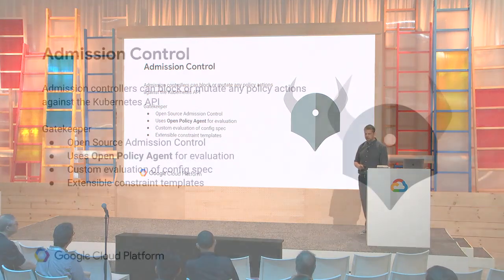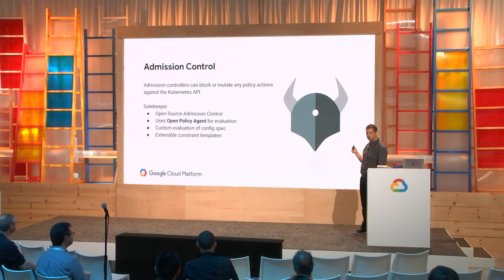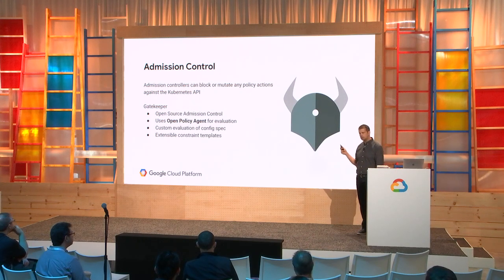Instead, I'll talk about admission control here. So another project that we're working on in open source is called Gatekeeper. Gatekeeper is an admission controller that we are planning on including and helping folks manage in concert with a lot of this stuff. The key thing about Gatekeeper and admission controllers is that it uses the Open Policy Agent, which is a CNCF project.